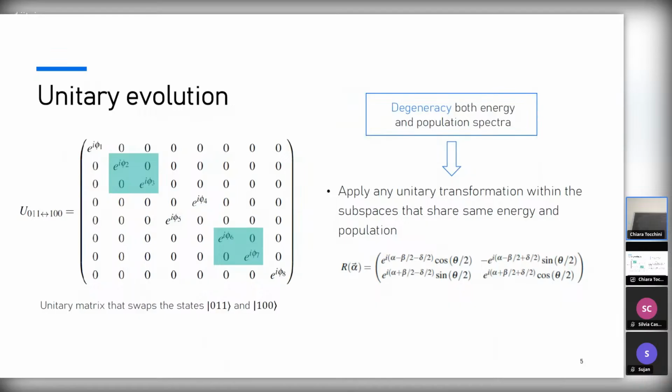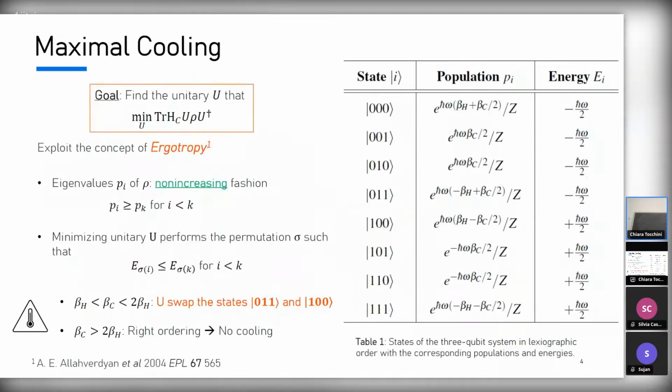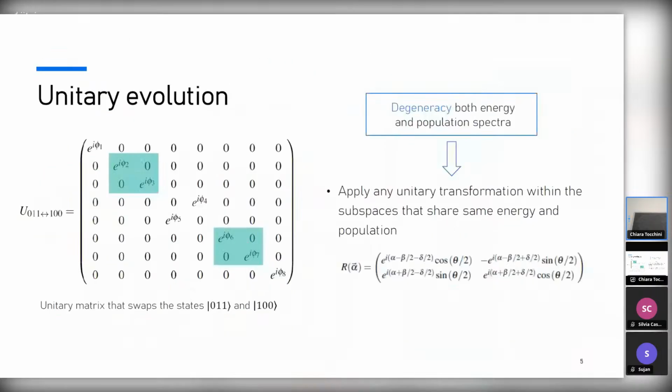And if we go back, we can see that we have a high degeneracy, both in the energy and in the population. In particular, we see that these 2 states and these other 2 share the same population and the same energies. So we can apply any unitary transformation within their subspaces, and this will not affect the cooling protocol.